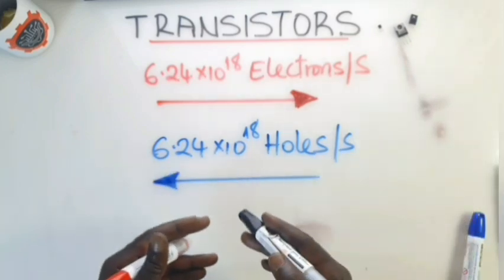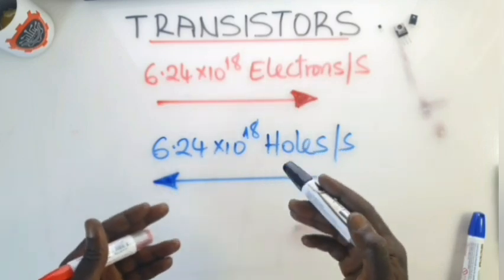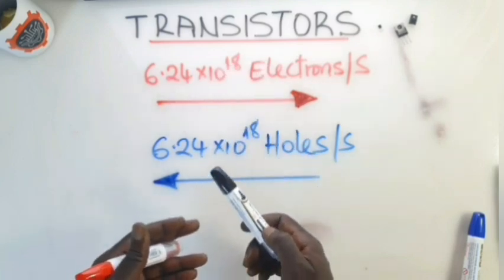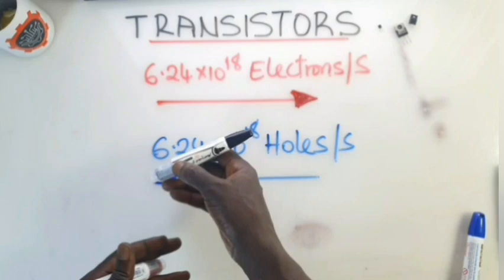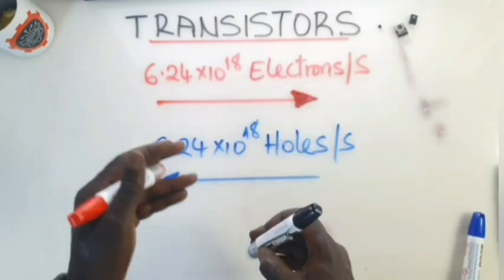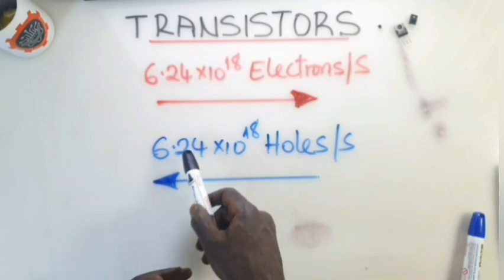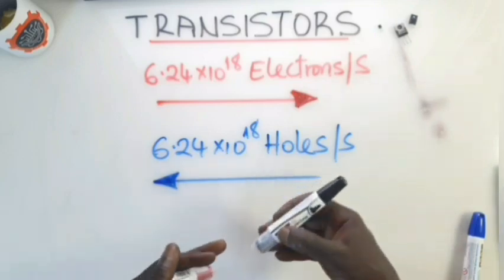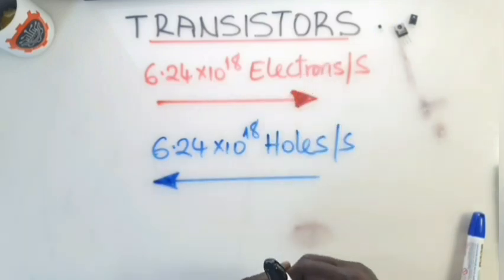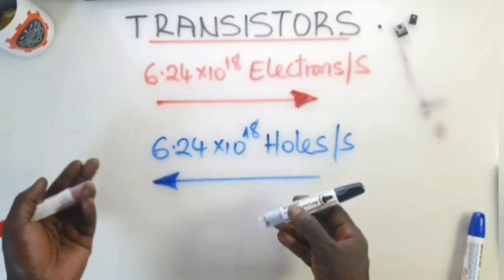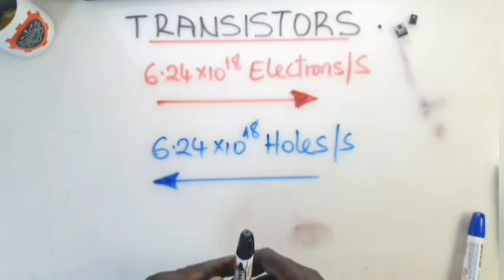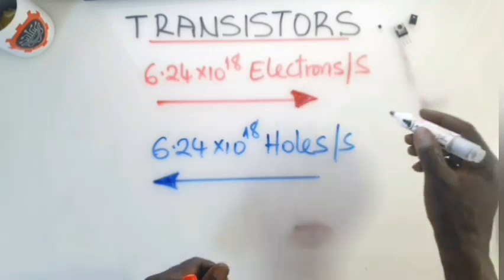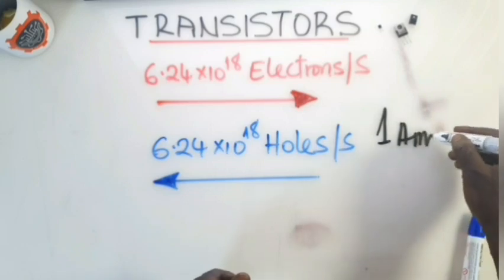Now, same here, if we have 6.24 times 10 to the 18 electrons flowing, let's say, to our right per second, or 6.24 times 10 to the 18 holes flowing in the opposite direction to the electrons, to our left per second, either of these will be equal to 1 amp.